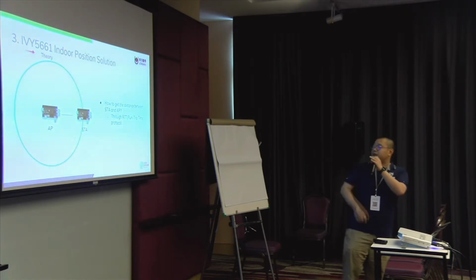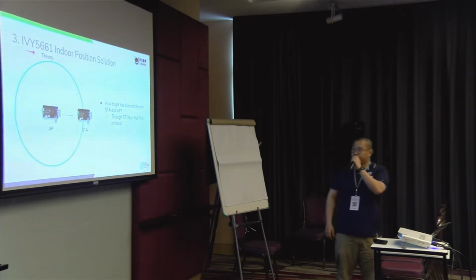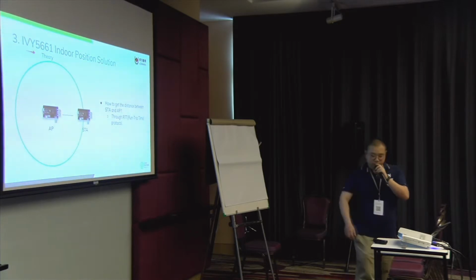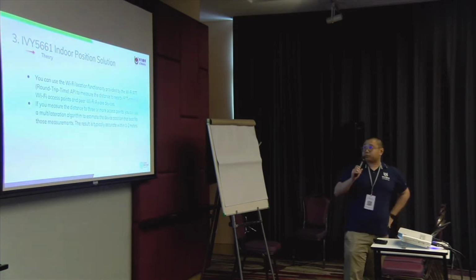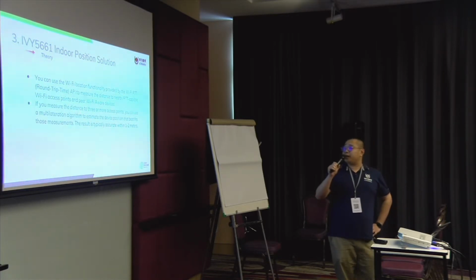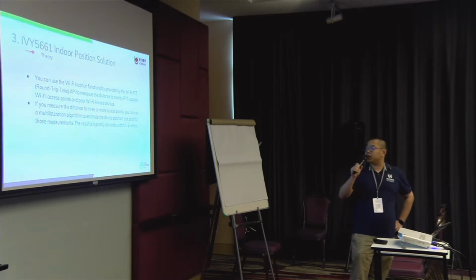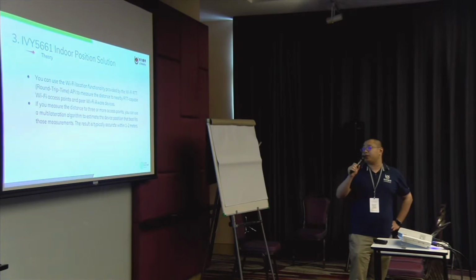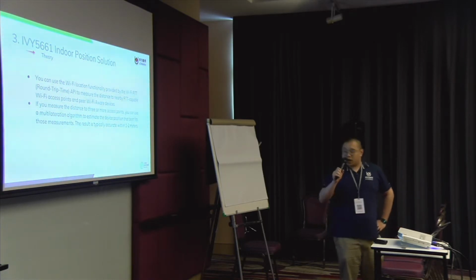How do we get the distance between station and access point? We use the RTT protocol. You can use the Wi-Fi location functionality provided by the Wi-Fi RTT API to measure the distance to nearby RTT-capable Wi-Fi access points and peer Wi-Fi Aware devices.